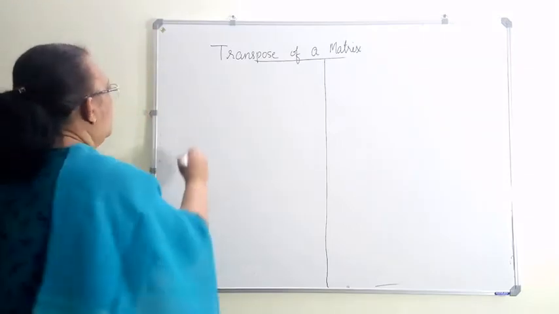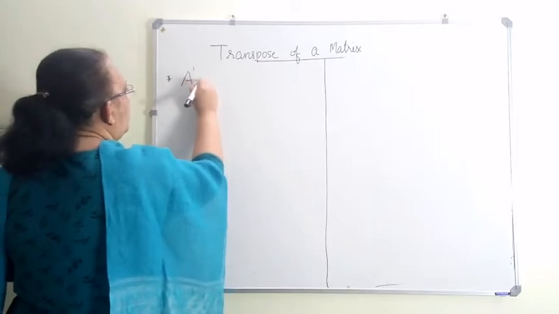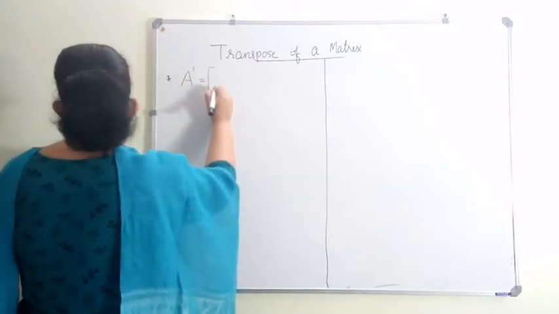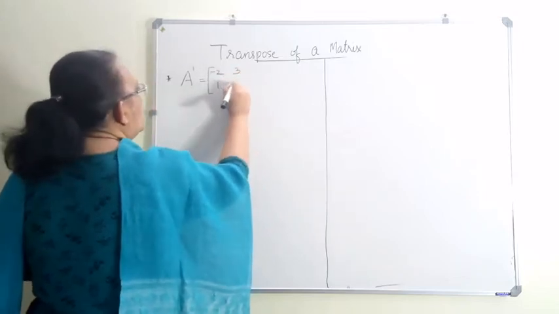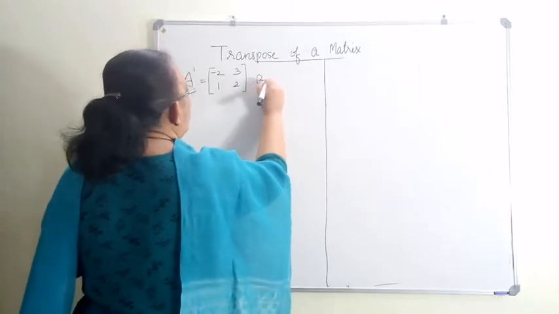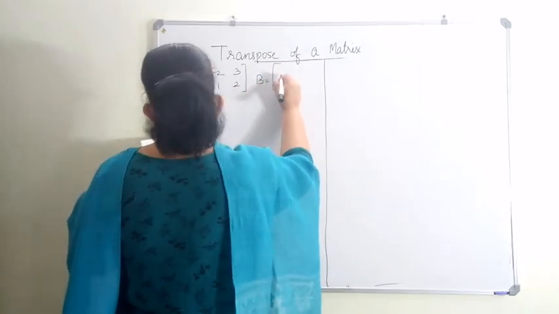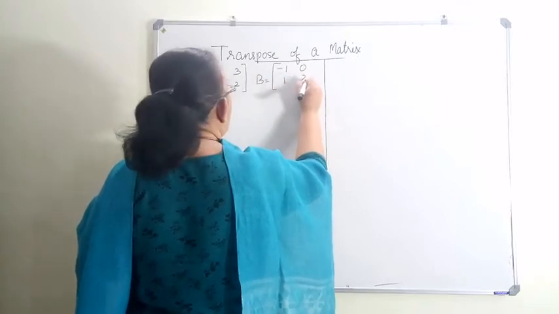What is the question? A transpose is given to you. What is A transpose? -2, 3, 1, 2. B matrix is given to you. -1, 0, 1, 2.